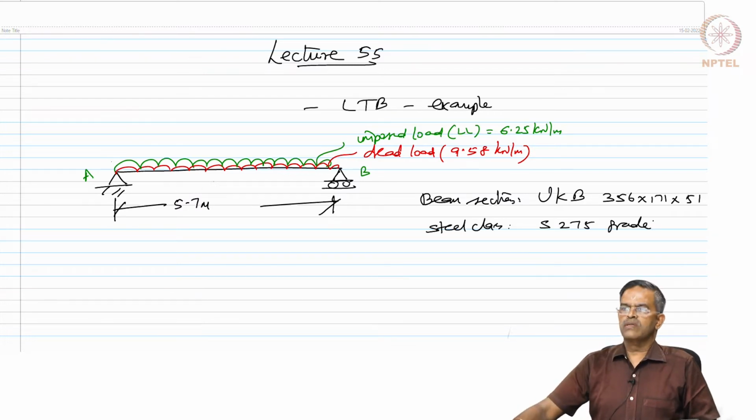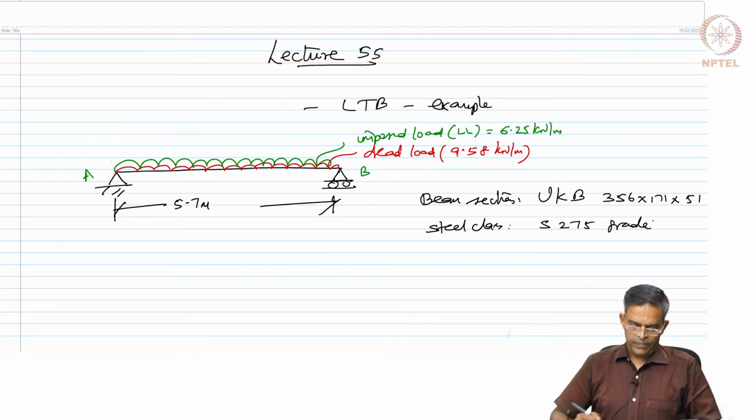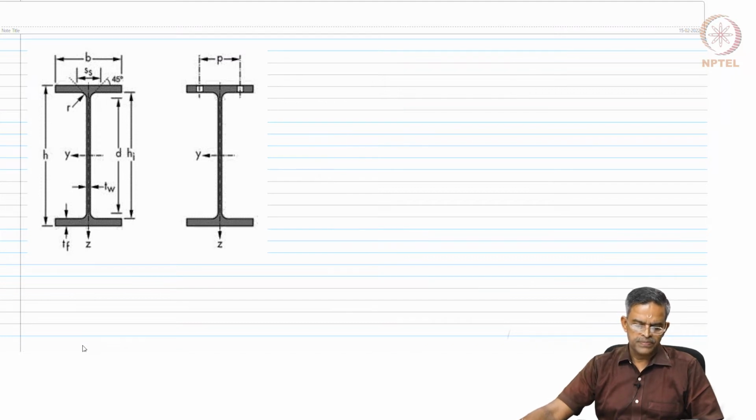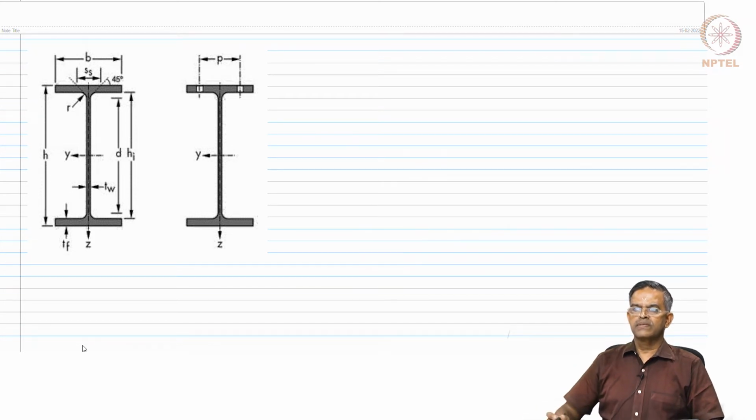For the benefit of the users, let us show the cross section of the beam. This is the cross section of the UK beam 356, 171 and 51. Based on this, let us write down certain dimensions.